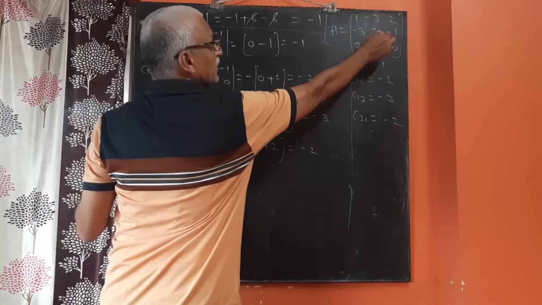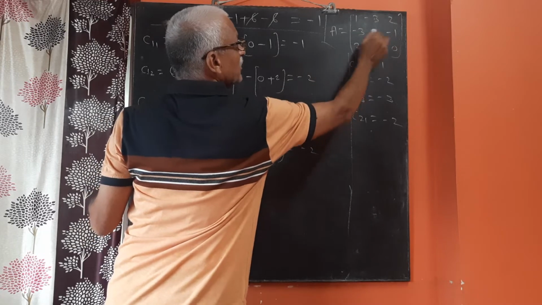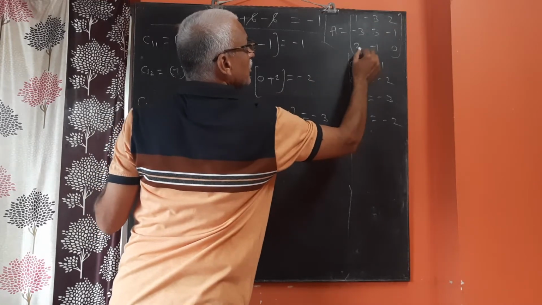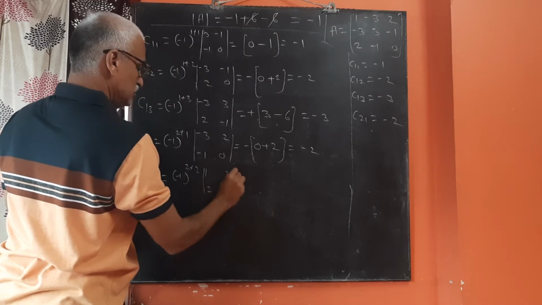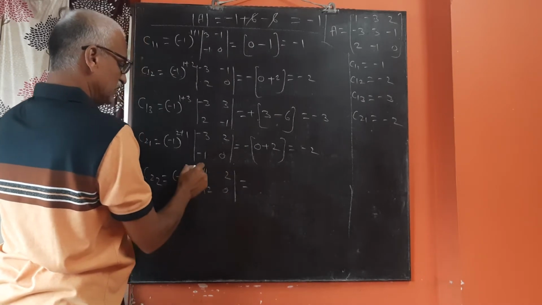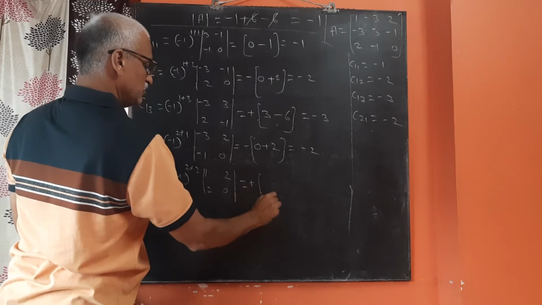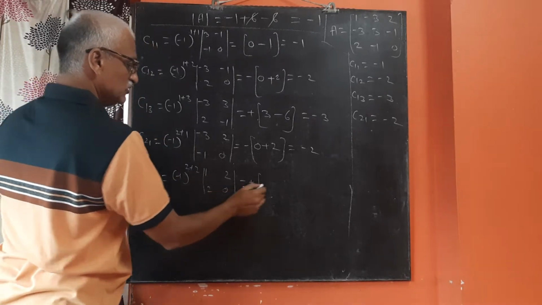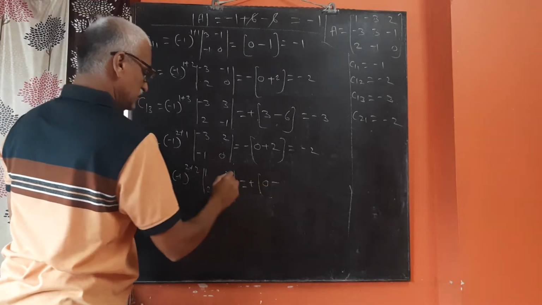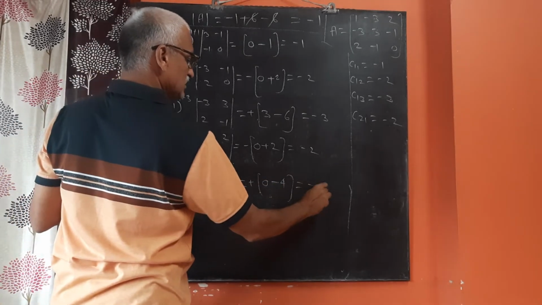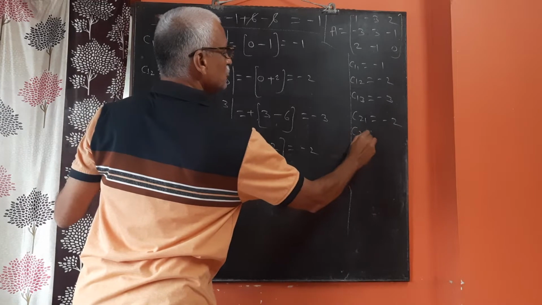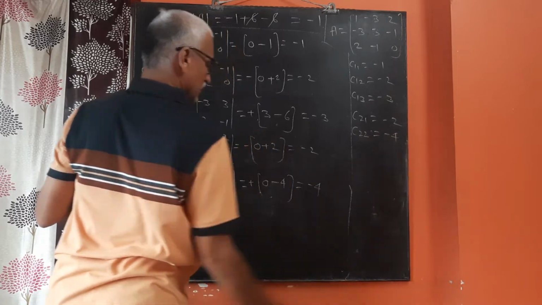C22 means the middle position, leave this and leave this, what remains is 1 2 and 2 0. Minus 1 raised to 4 is positive, so this is positive of 1 into 0, 0 minus 2 into 2, 4, that is equals to minus 4. So the value of C22 is equals to minus 4.